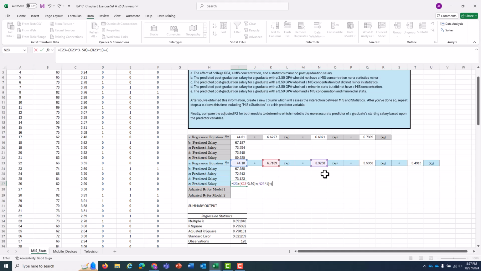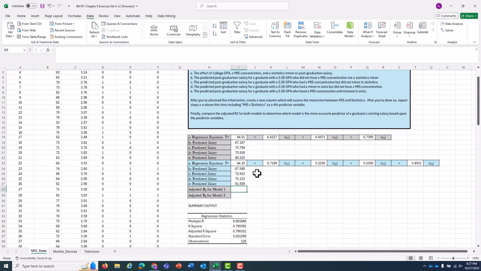Add to that the slope for the stats minor times 1 because they have the stats minor as well. And then lastly, add to that the slope for our interaction variable. And for the first time, this is going to be a 1 because 1 and 1 gives you a 1. You only get a 1 for the interaction variable if you have both. In E, they have both. So that comes out to be 81.939, or 82,000 if you will, round it off.